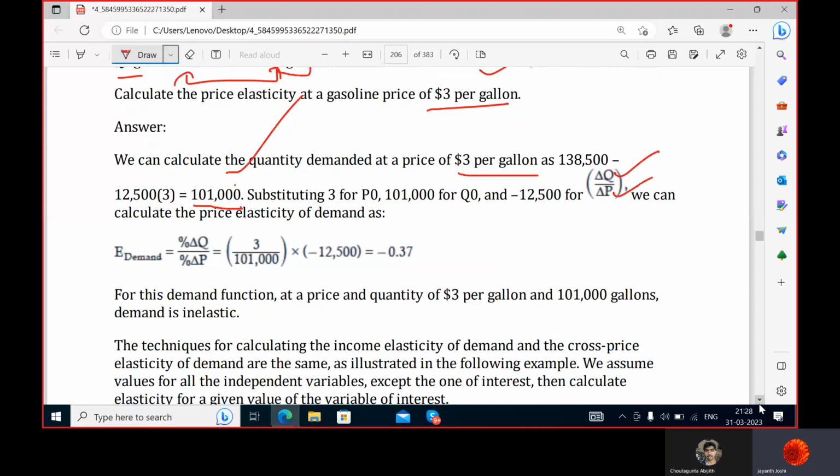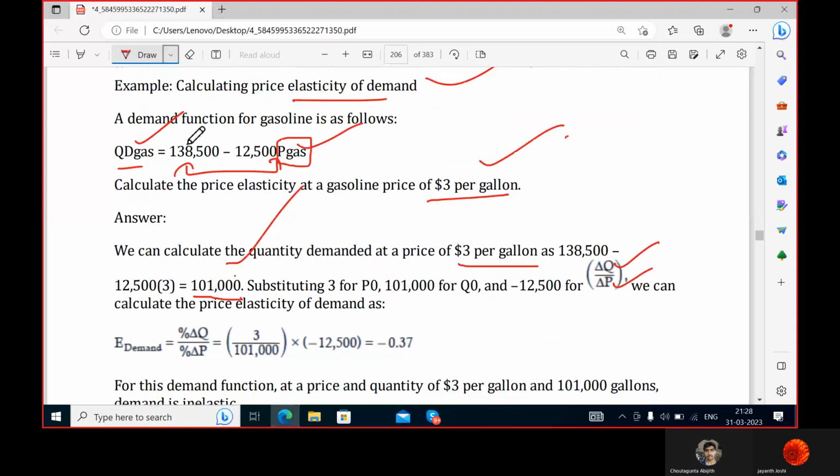So what was this 12,500 previously? This is constant, 1,38,500, and this was the change in quantity demanded by change in price. So can I take this as the slope? Yes.